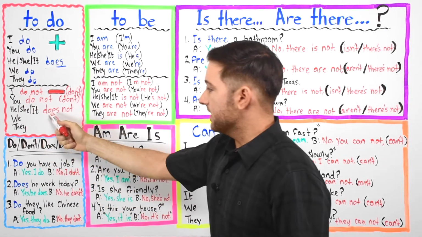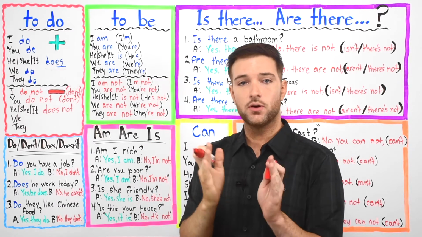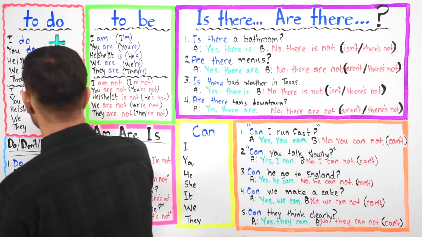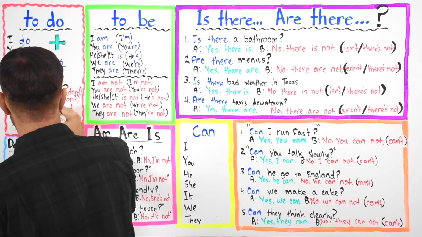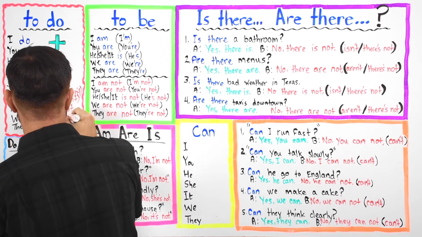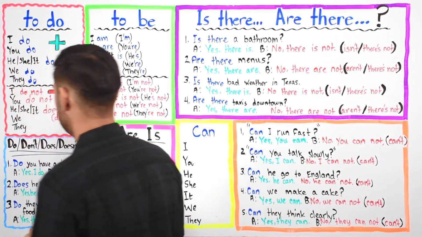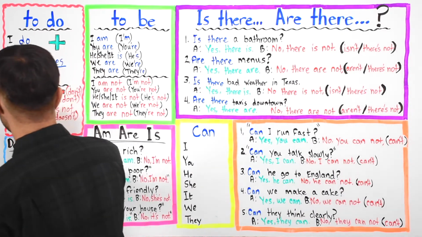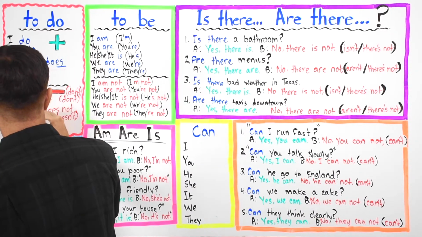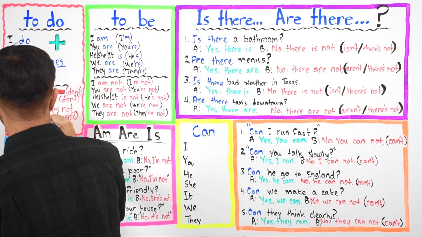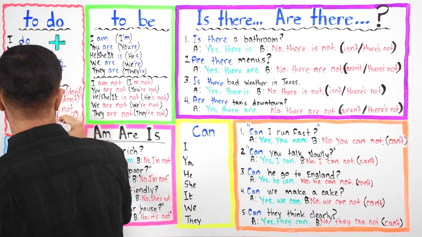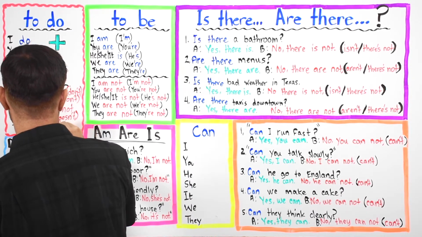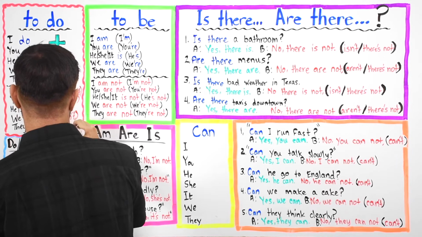And when we have does not in the contracted form, we say doesn't. Okay, I'll write it. So he doesn't, she doesn't, it doesn't. Okay, and then we have we do not, or we don't. Okay, and then they do not, or they don't.